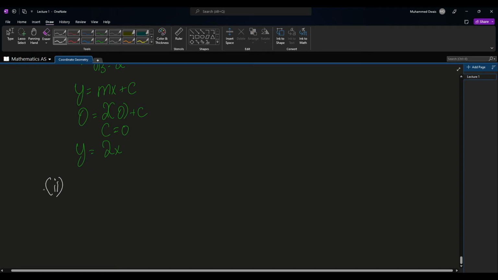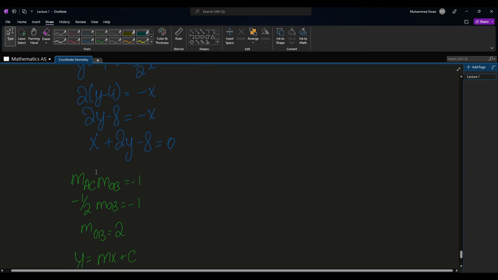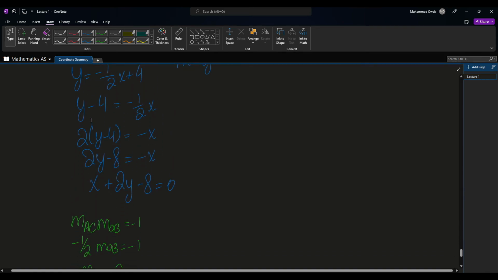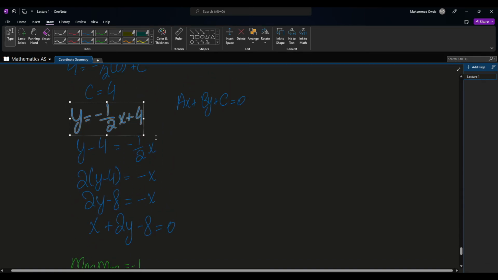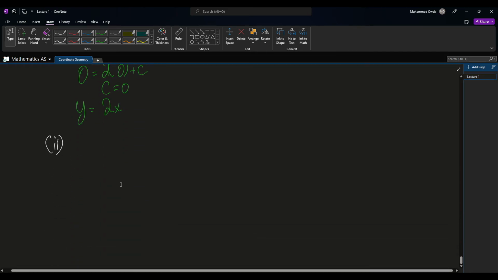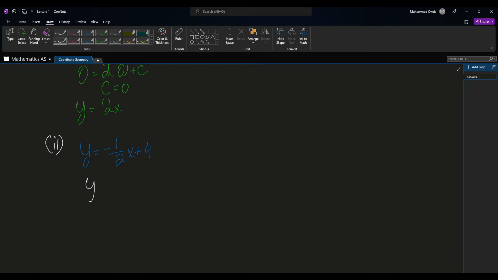We have the equation of the line, let's say, okay, let me use this one as it will be easier for me. We have this equation for the line AC, and then I have the equation for the line OB. Now, how do I find the coordinates of M? We have to solve this simultaneously.